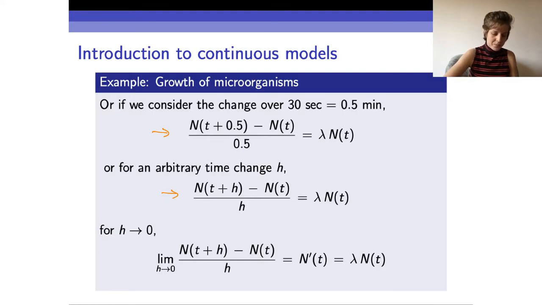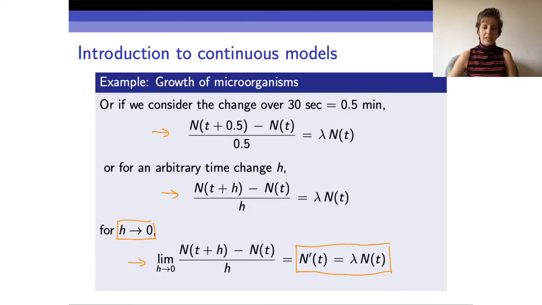So for h going to 0, so we take the limit, then we would have the derivative of the function n of t. So our model could be just written like this.